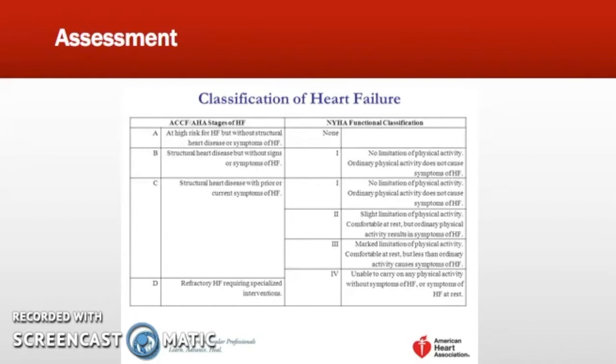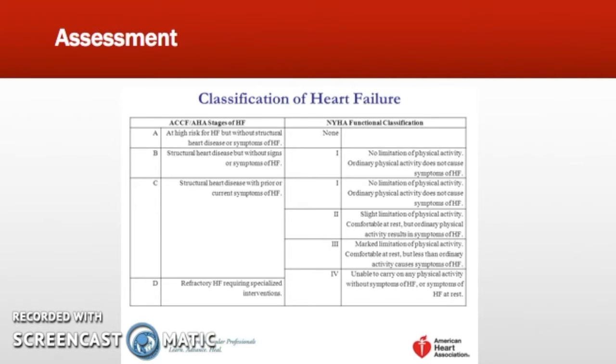There are two types of classification of heart failure: the American College of Cardiology Foundation, American Heart Association staging, and the New York Heart Association functional classification. According to the American College of Cardiology Foundation American Heart Association guidelines, all patients presenting with dyspnea should be evaluated for heart failure, and all should undergo a medical history, physical exam, lab testing, chest x-ray, and a 12-lead EKG.